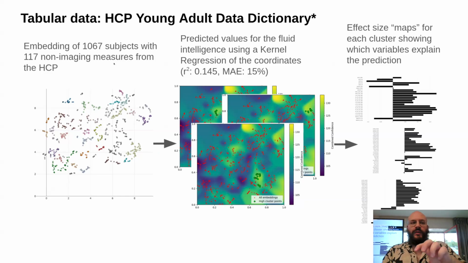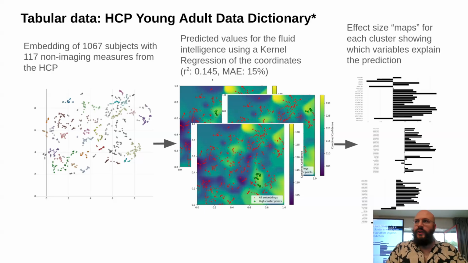And in the variables that were available, there were measures of fluid intelligence, crystal intelligence, and I tried to predict the fluid intelligence here based on these 117 measures. So as I said, we embed the data, cluster it, and then we train the prediction model.